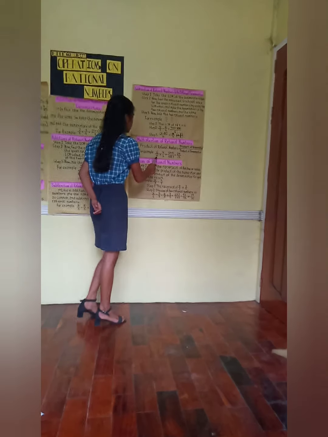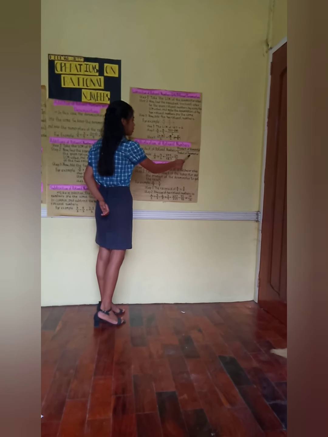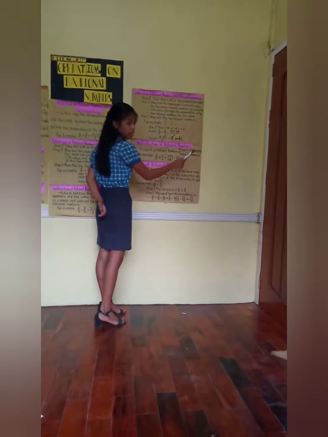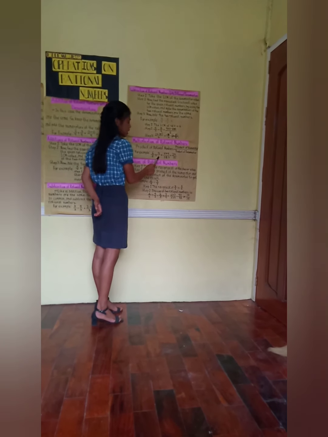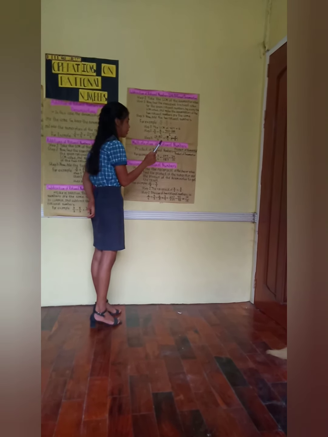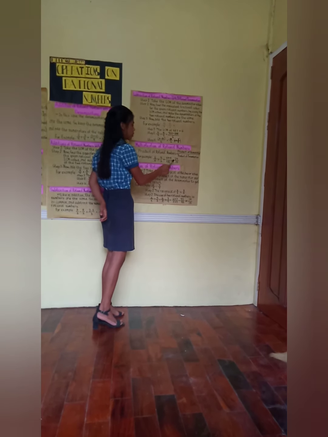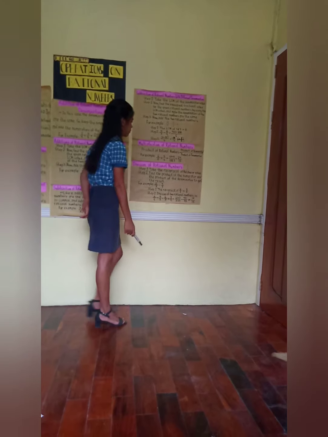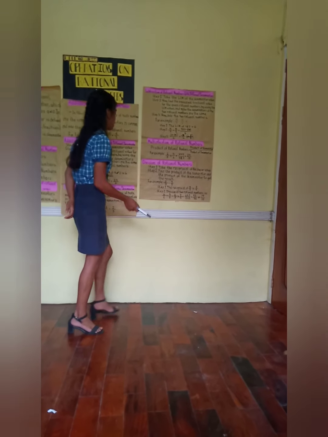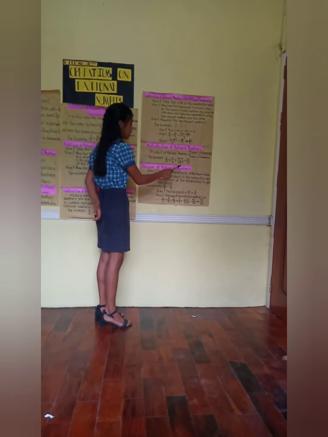Very good. And the product of denominator over the product of denominator. So, 5 times 3, 15. Very good. So, 6/5 times 4/3 is equal to 24/15. Let's proceed to division of rational numbers.